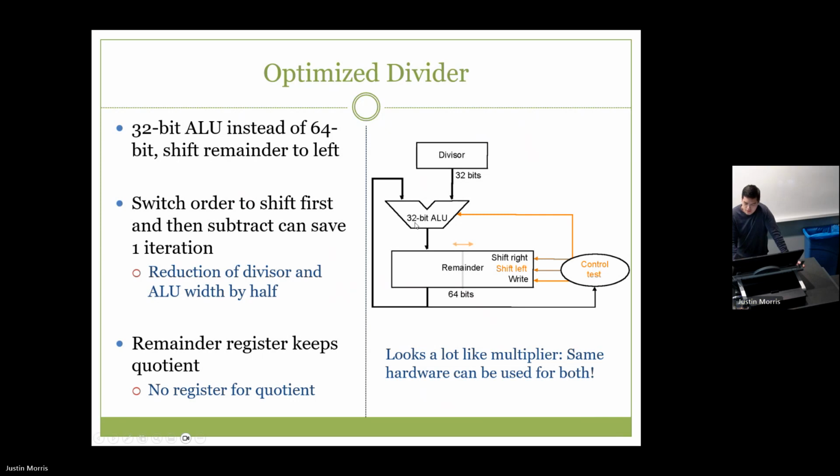And if you look at this slide and the multiplier slide, the hardware setup is the exact same. So you can use the same hardware to do division and multiplication. You just have to have the correct control signals. And we like that because we like to reuse hardware, right?